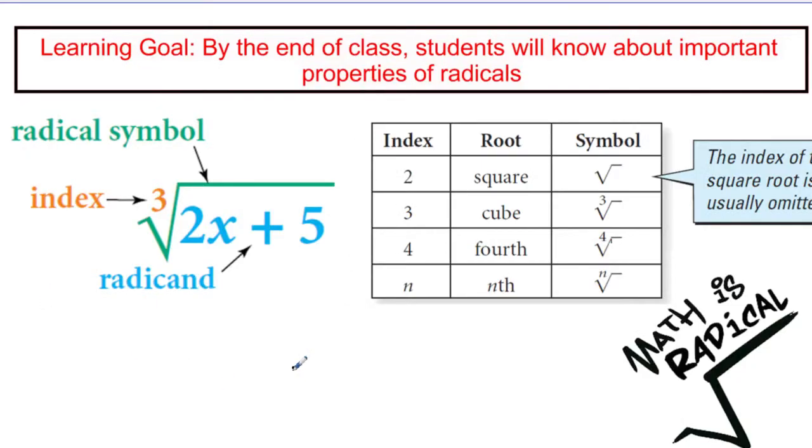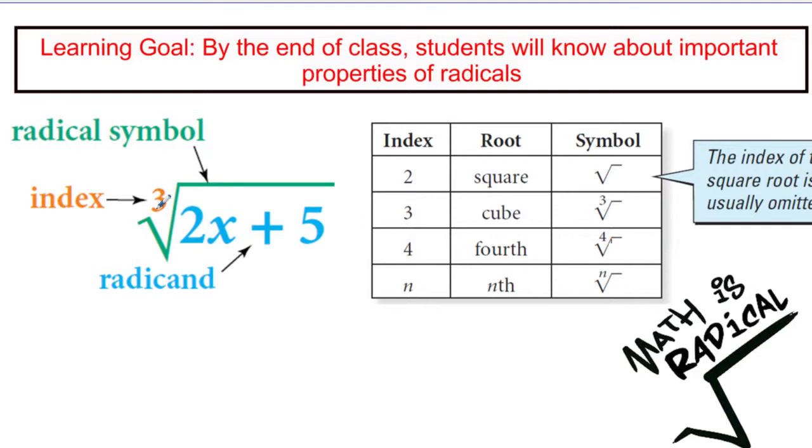Okay, so let's talk about some quick vocabulary before we get into our properties. A lot of it is going to revolve around the radical symbol. Everything that you've done up until now has focused on square roots, so we've never seen this number sitting on the outside of the radical symbol.